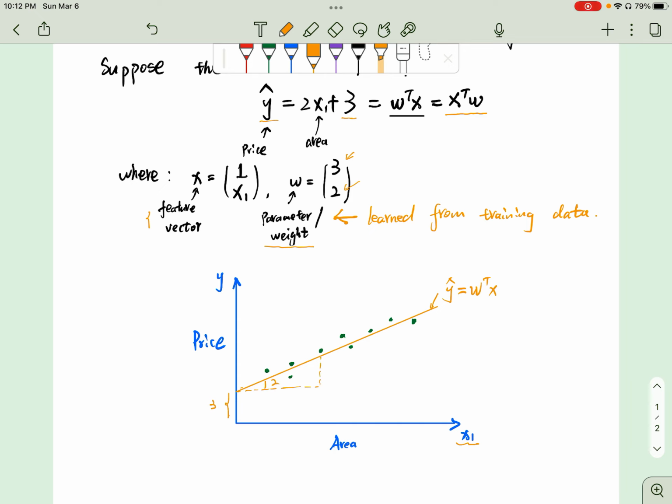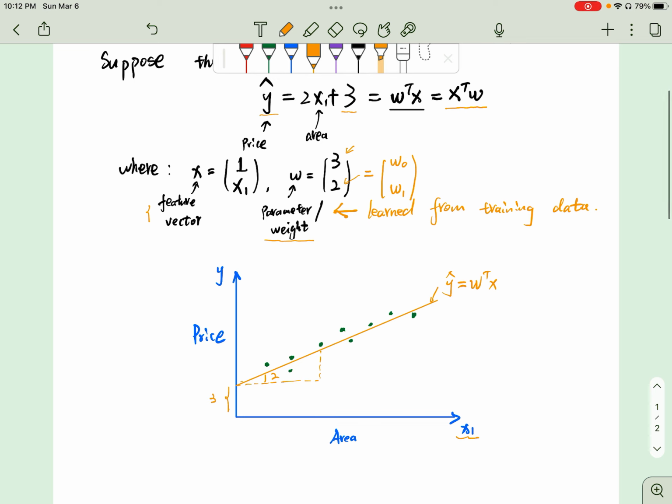I didn't draw this to scale, but you can think of this as 2. Here 3 we usually represent by omega 0, and here omega 1 is 2, which corresponds to this feature vector notation.